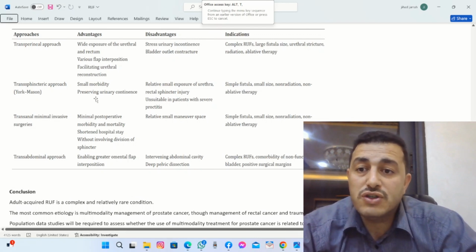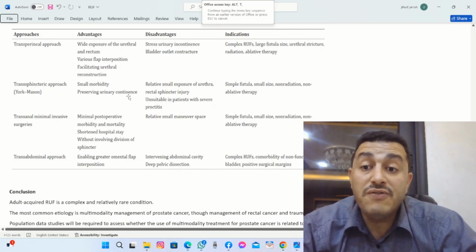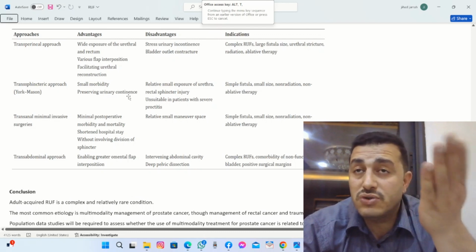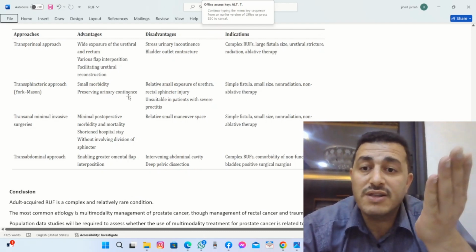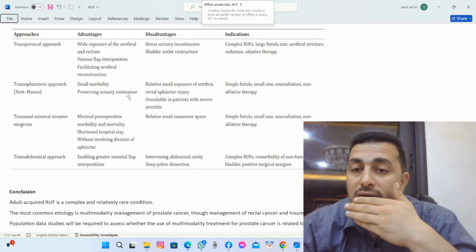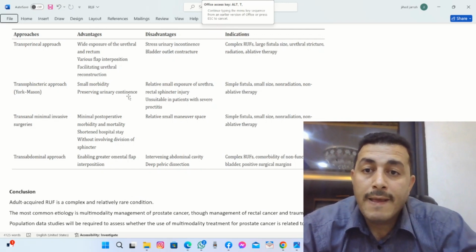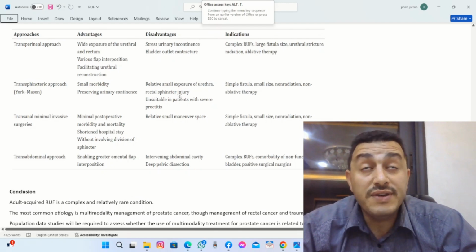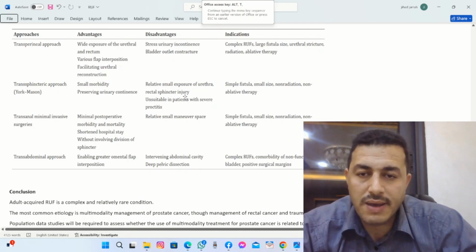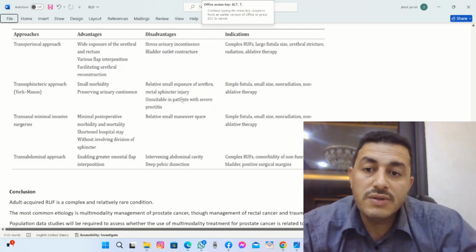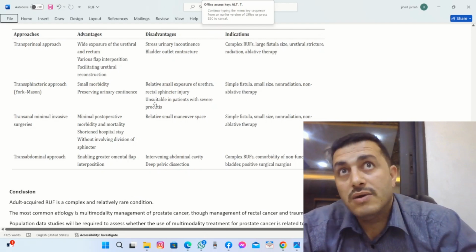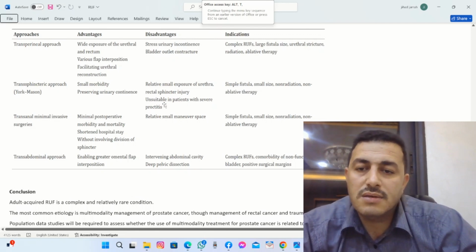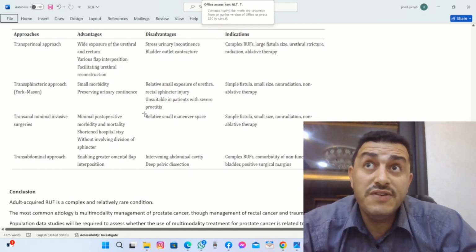So of the advantage, small morbidity, preserving the urinary continence. One of the disadvantages is that we cannot reach the urethra. Of the disadvantage, relatively small exposure of the urethra, rectal sphincter injury, and we said we may deal with incontinence and rectocutaneous fistula, unsuitable for patients with severe proctitis.